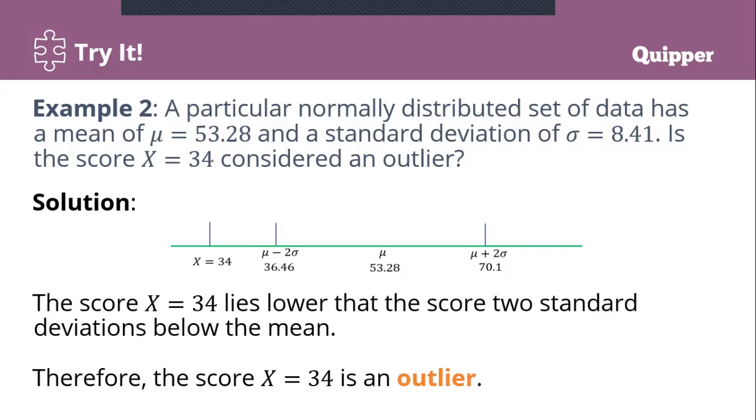Therefore, the score x, 34, is an outlier. As you can see, 34 is beyond the 2 standard deviations, so it is farther out.